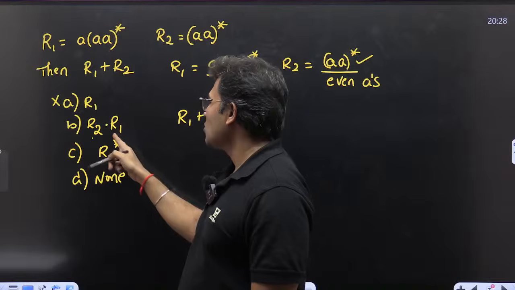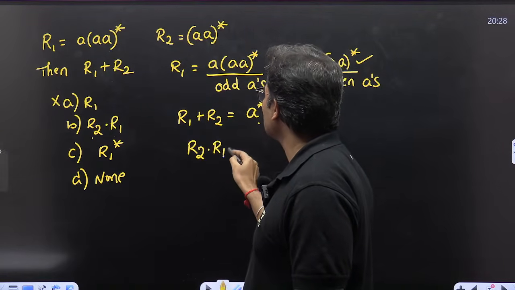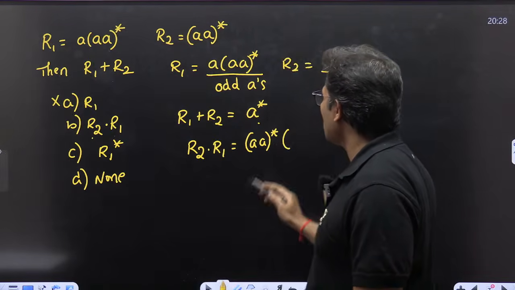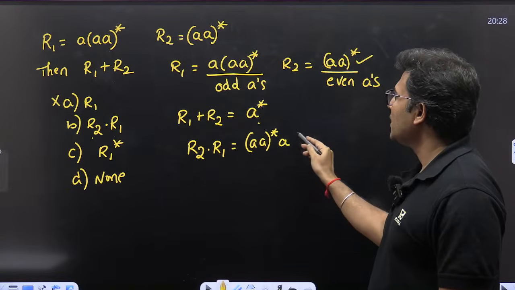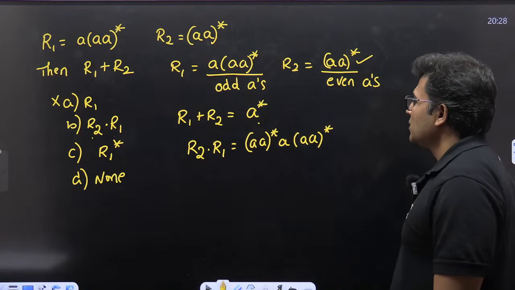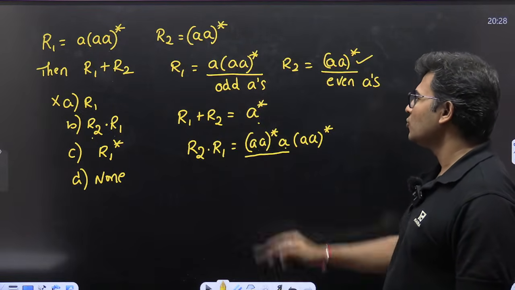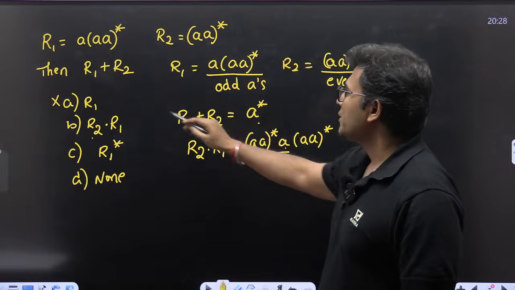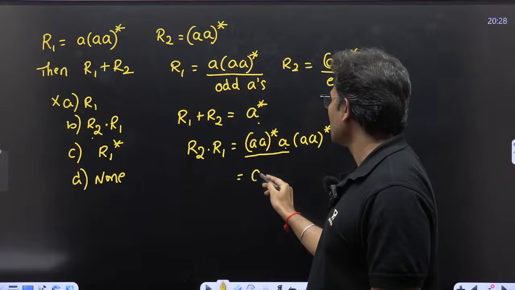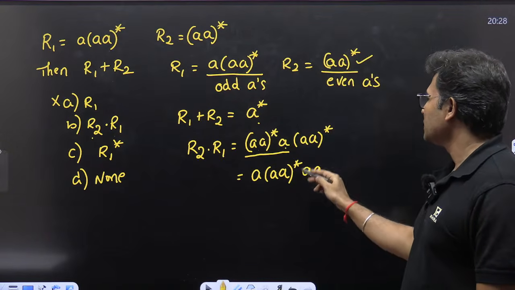Now what is R2 concatenated with R1, guys? If I concatenate R2 with R1, then it is A star concatenated with A star, so this is nothing but odd number of A's. I can bring A before also. A followed by A star or A star followed by A, both are the same. So I can write A followed by A star, A star.